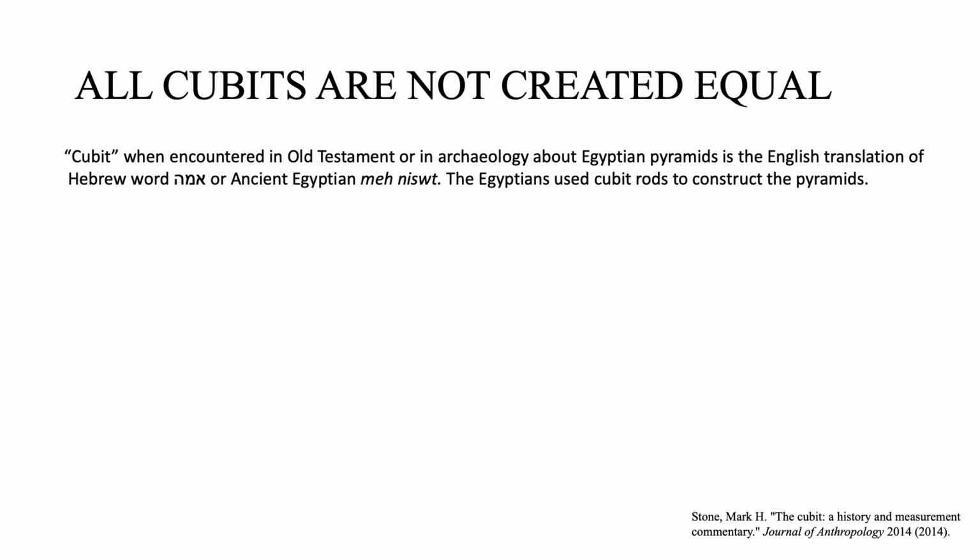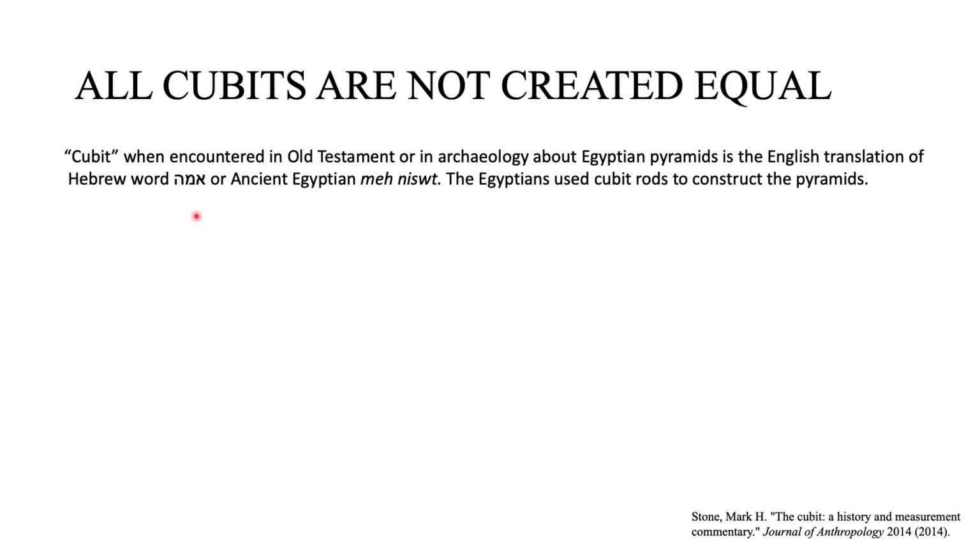But all cubits are not created equal. Now, when you run into cubit in the description of the Ark, Noah's Ark in the Old Testament in Genesis, or early modern accounts, or even modern accounts of Egyptologists of the pyramids, the word that they're translating indicated the same notion of a body part measurement, but we translate it into cubit.